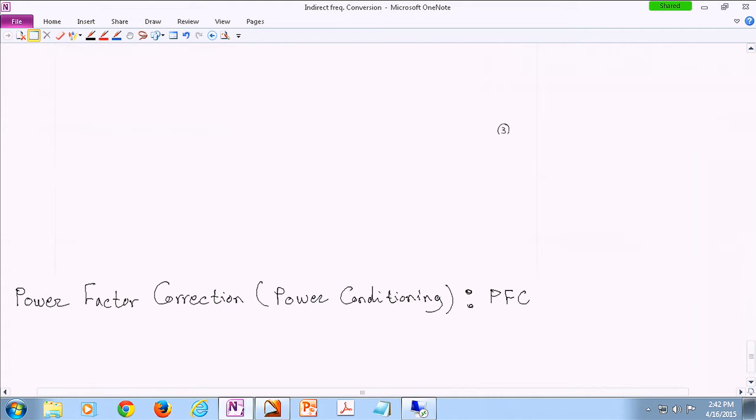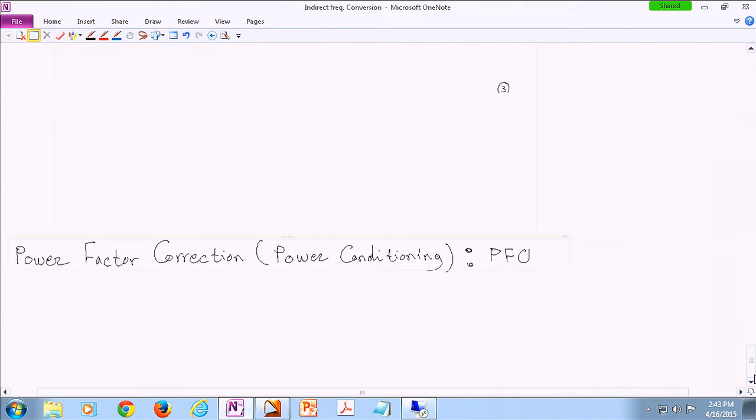A lot of times, our main source of electricity or power is the power from the power outlet or the grid, which is a sinusoidal AC signal. So let's say we have a 50 hertz frequency here.